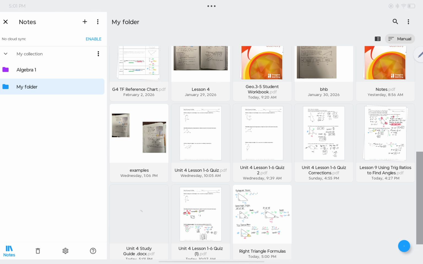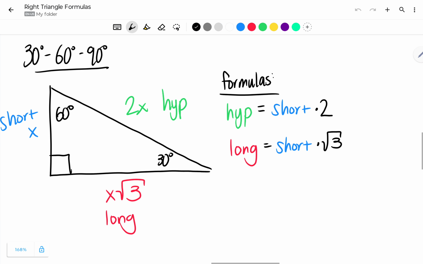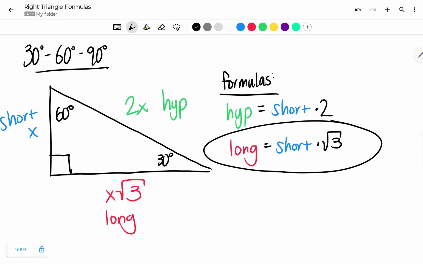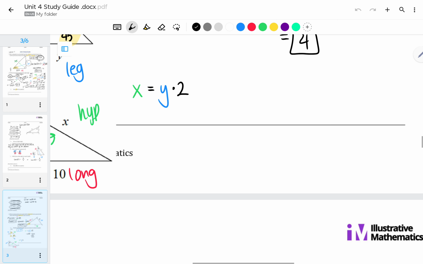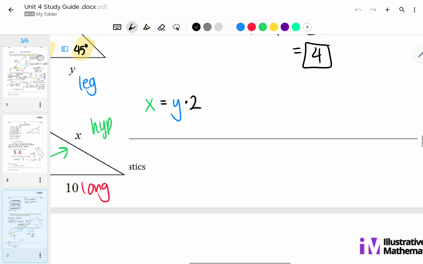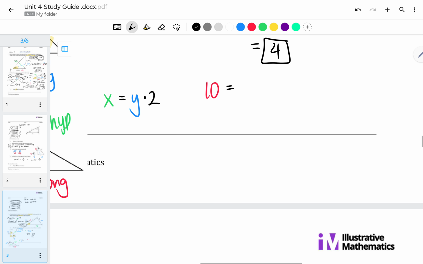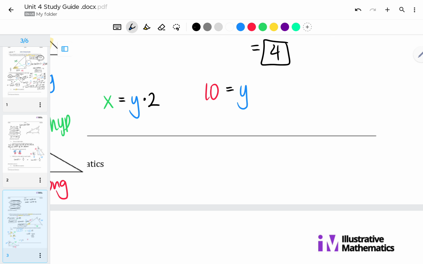The first formula was hypotenuse equals short times 2. The other one is long equals short times root 3. So the long side, it's 10. So I'm going to say 10 equals, the short side is y times root 3. Oh, I could solve for y here, plug it in here, and solve for x.